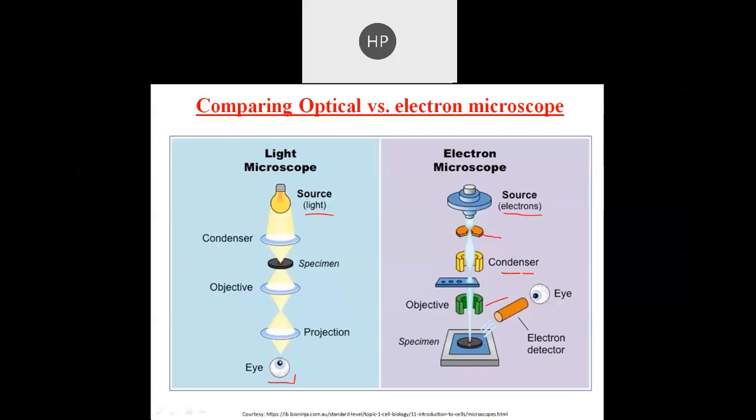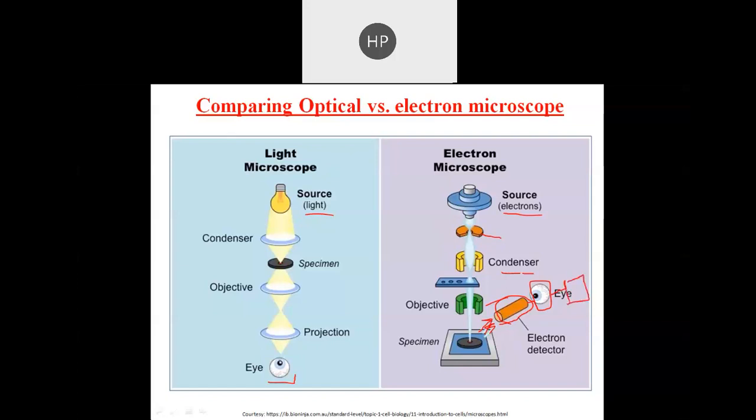And from that specimen we have these deflected electrons, this is the direction of the deflected electrons, and then they will be detected by the electron detector, and from that we can view by eye, or we can attach it to the camera, or we can attach it to the computer.